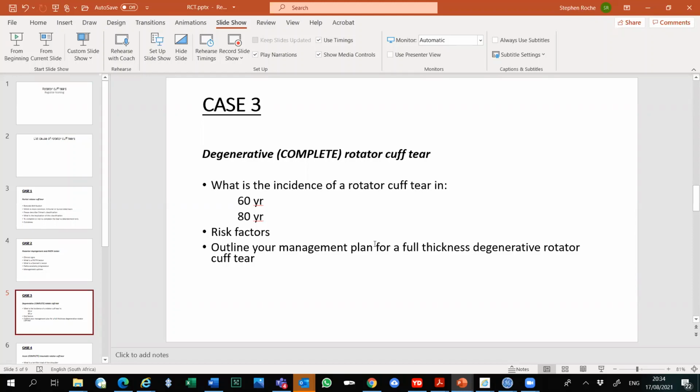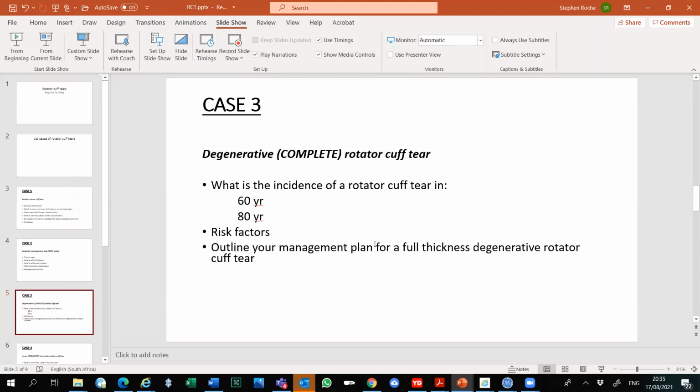Do you know what your risk factors of developing a tear later are, besides family history, which we've discussed? So this could be anatomical risk factors. As you said, an acromion type, a Bigliani type 3, a hook type acromion.